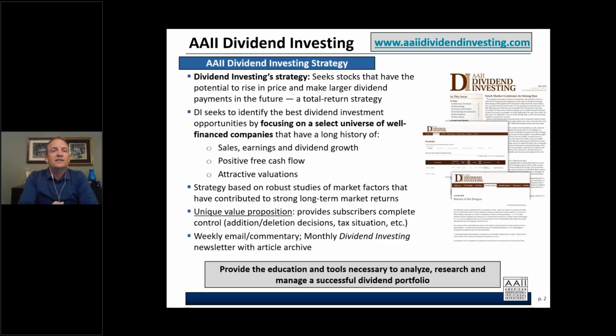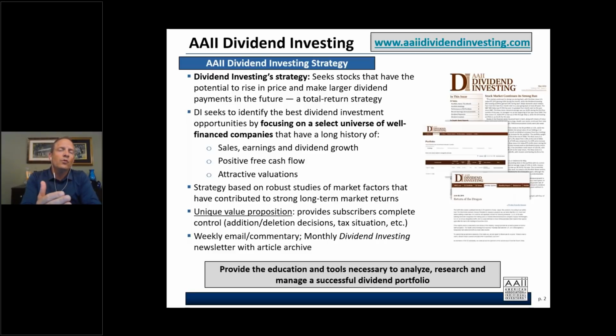So what is AAII's dividend investing strategy? Well, we seek stocks that have the potential to rise in price and make larger dividend payments in the future. It really is a total return strategy. So we're looking for dividend growth and income.